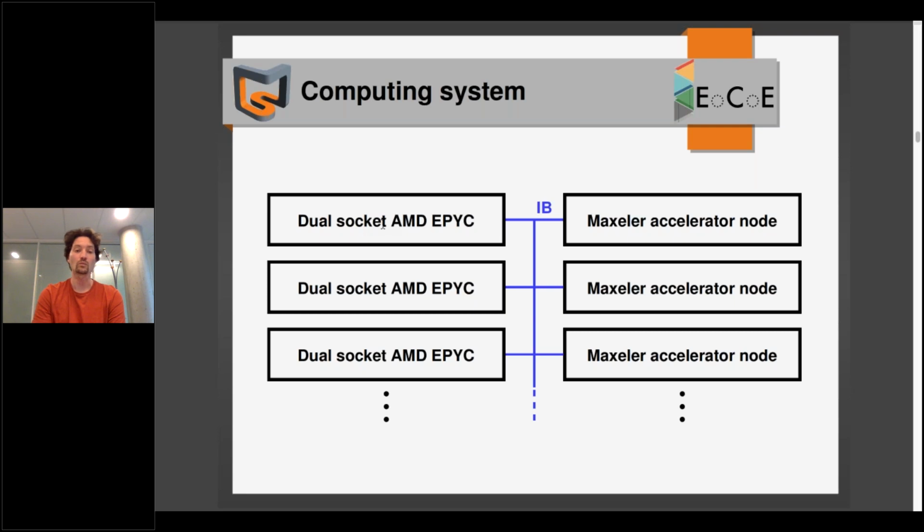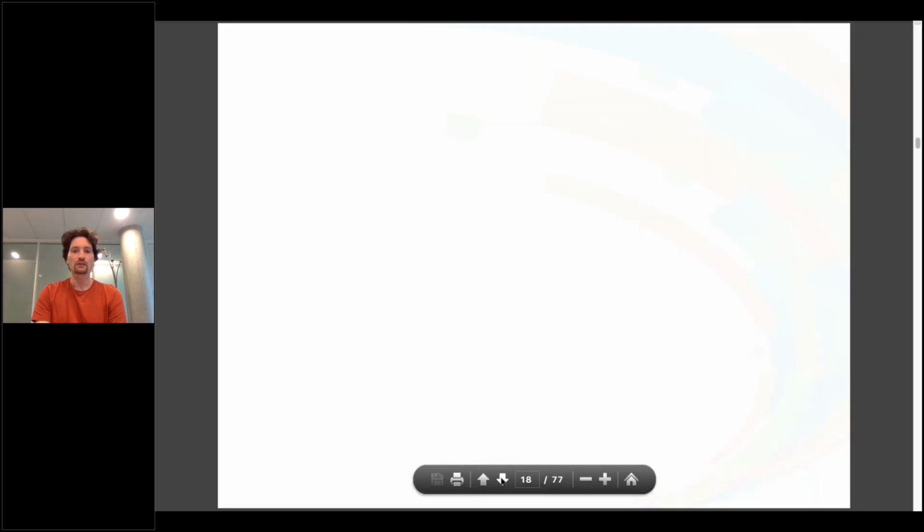But of course these are accelerators, so you still need a CPU to trigger some computation. That's why you need a CPU, and here the CPU nodes are dual socket AMD EPYC in their computing solution.